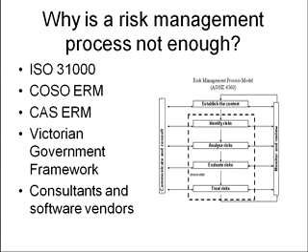Now, when we come on to thinking of enterprise risk in the organisation as a whole, we need to take a slightly different approach and think about how we manage these different types of risks.